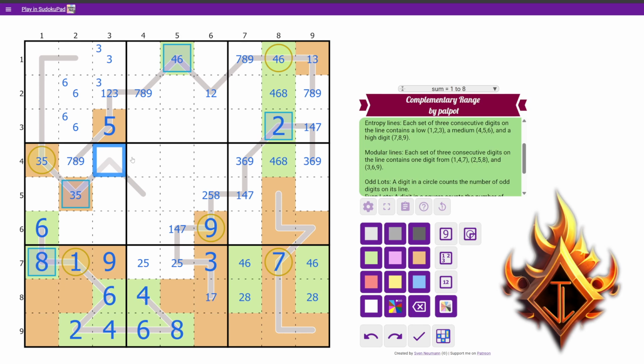One, two, 7, 8, 9. Oh, well, yeah, that doesn't matter, I don't think. 1, 2, 7, 8, 9 for this column. No, it's not 9. 1, 2, 3, 7, 8. And I've already got 3 marked up there. So that is good.